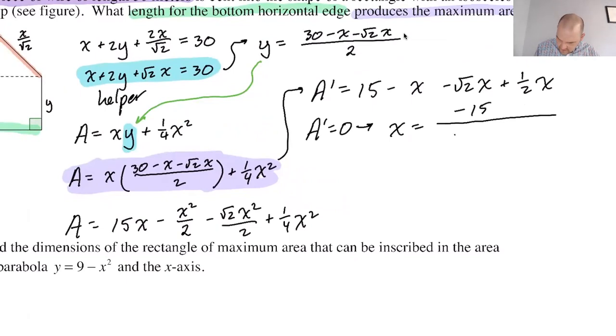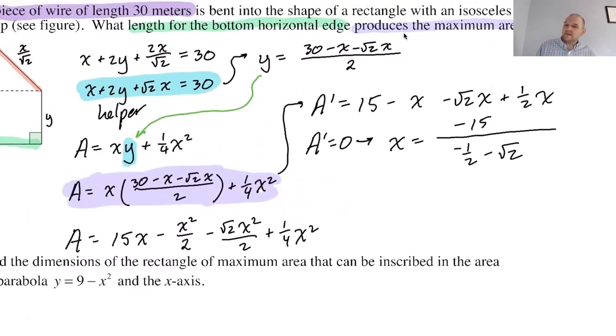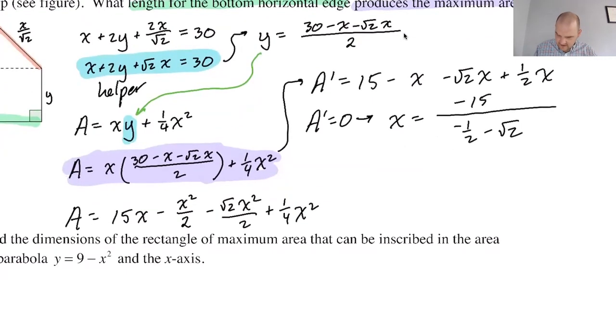Should we simplify that? I'm going to simplify that. Multiply the top and the bottom by a negative so all the negative signs are gone, and then multiply everything by 2 to get x equals 30 over 1 plus 2 √2.